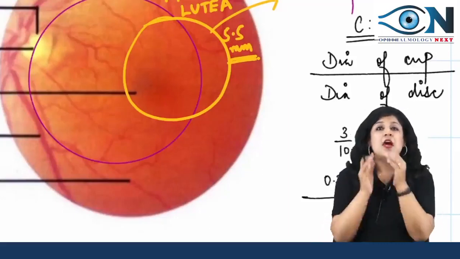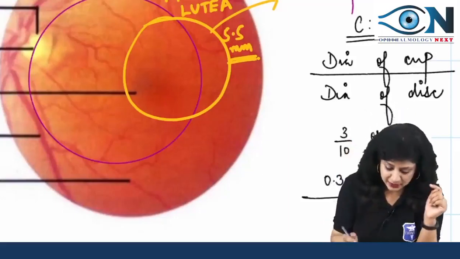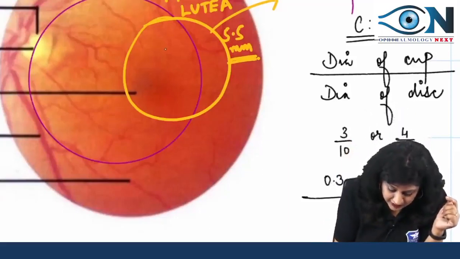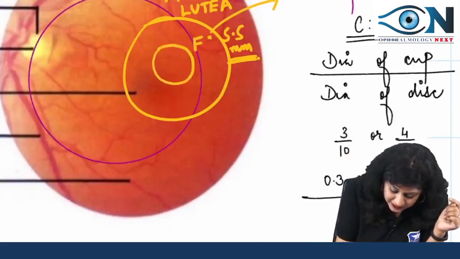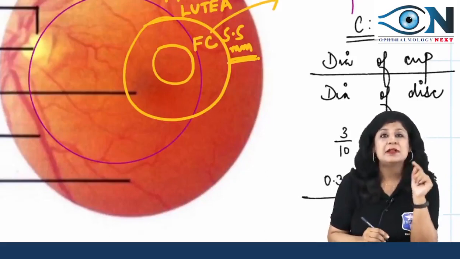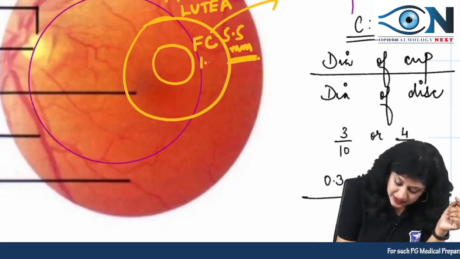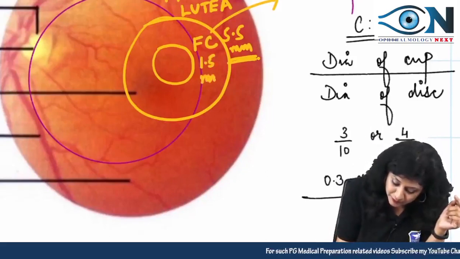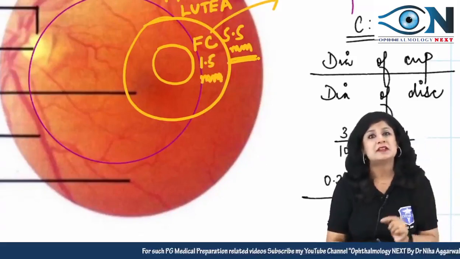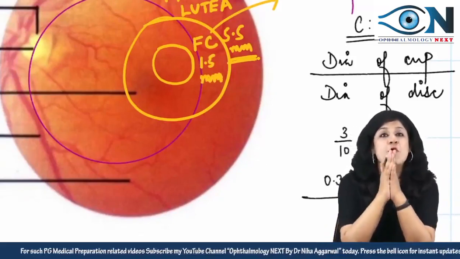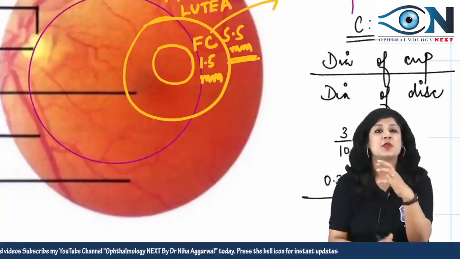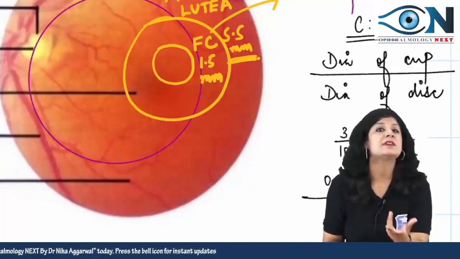Okay. Now, what happens inside this macula? You have got another area which is called as the fovea centralis, and the diameter of this fovea centralis is again 1.5 mm, which is same as that of the optic disc. Now, it is this fovea centralis which is giving you the sharpest image of the object.